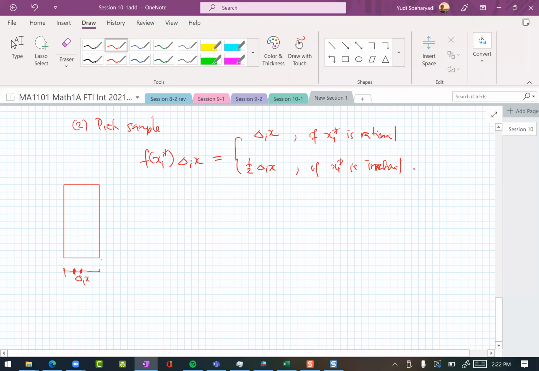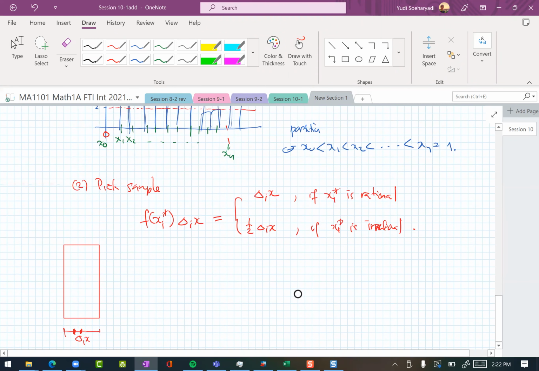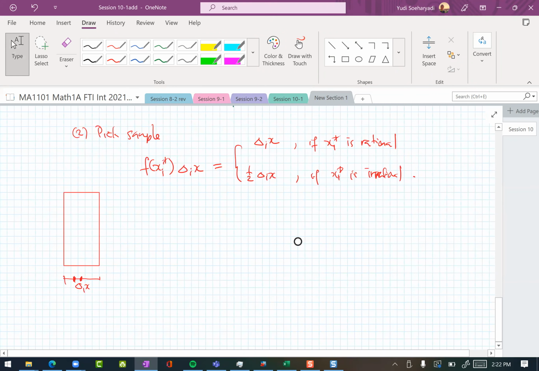So at every interval, there is a rational and an irrational, and they can be the representative. Okay. So now, if you do the summations, the height is 1 or 1/2, depending on the representative.